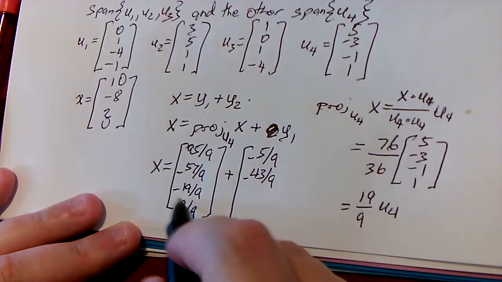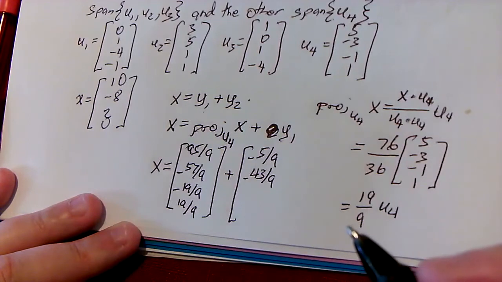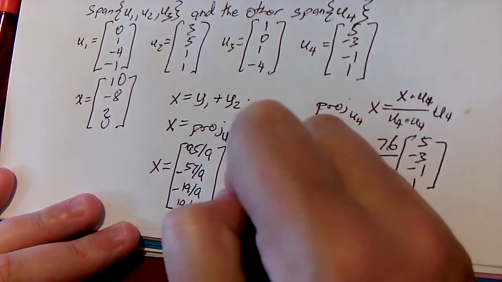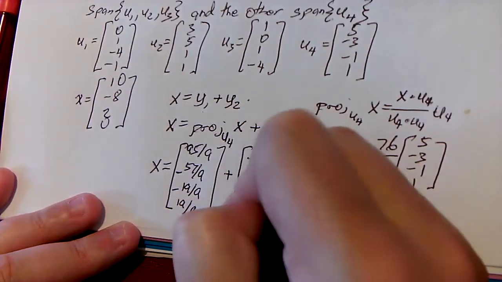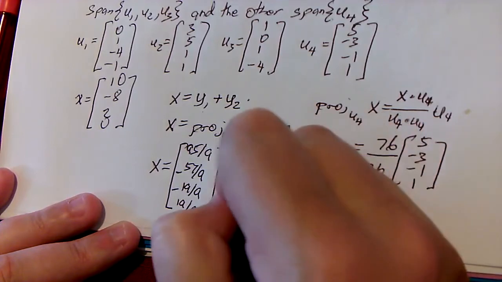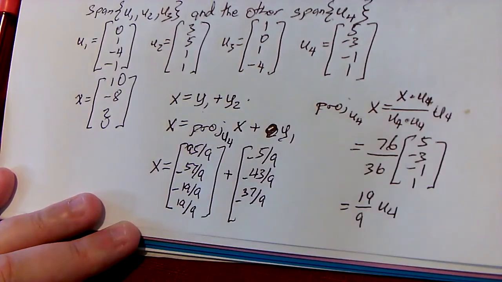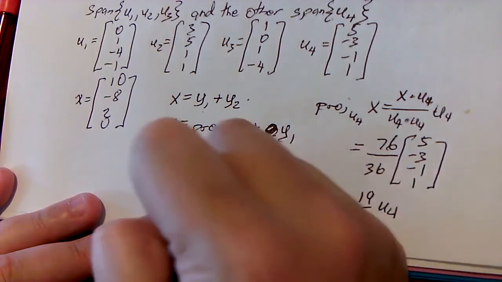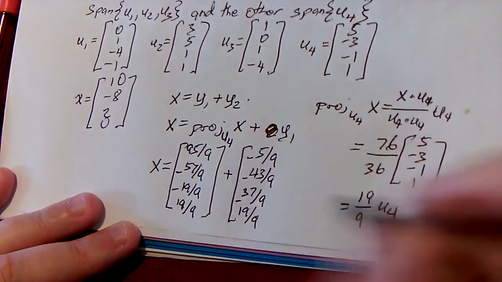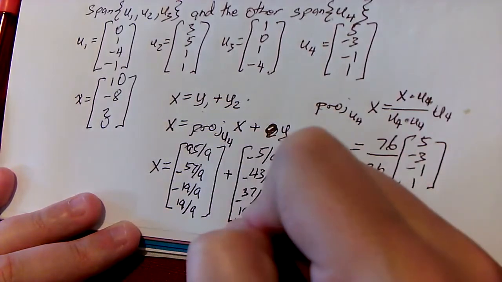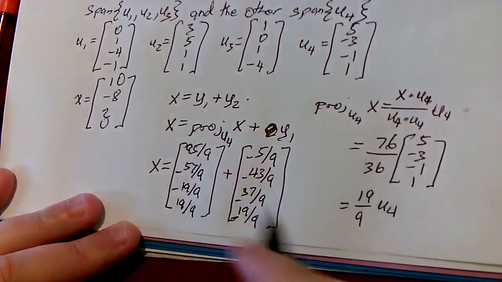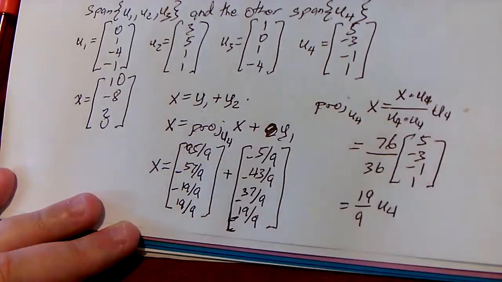Okay, 19 over 9 plus 2 minus 19 over 9. So I'm going to have 18 and 19 go together to make 37 over 9. And then 0 and 19 over 9 will, of course, just make 19 over 9, but negative, because I need them to add up together. Okay, and so there's my two vectors. There's my decomposition.